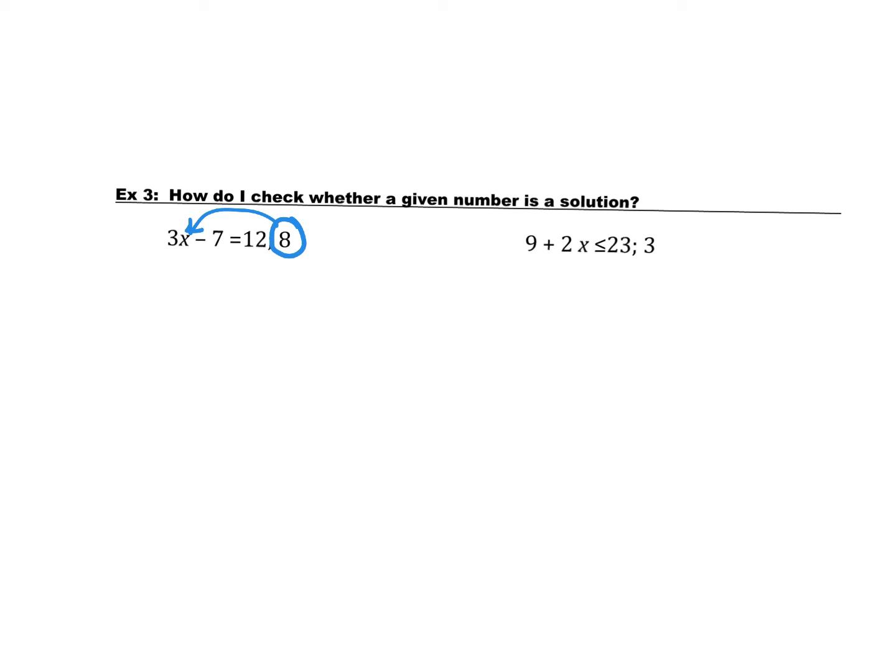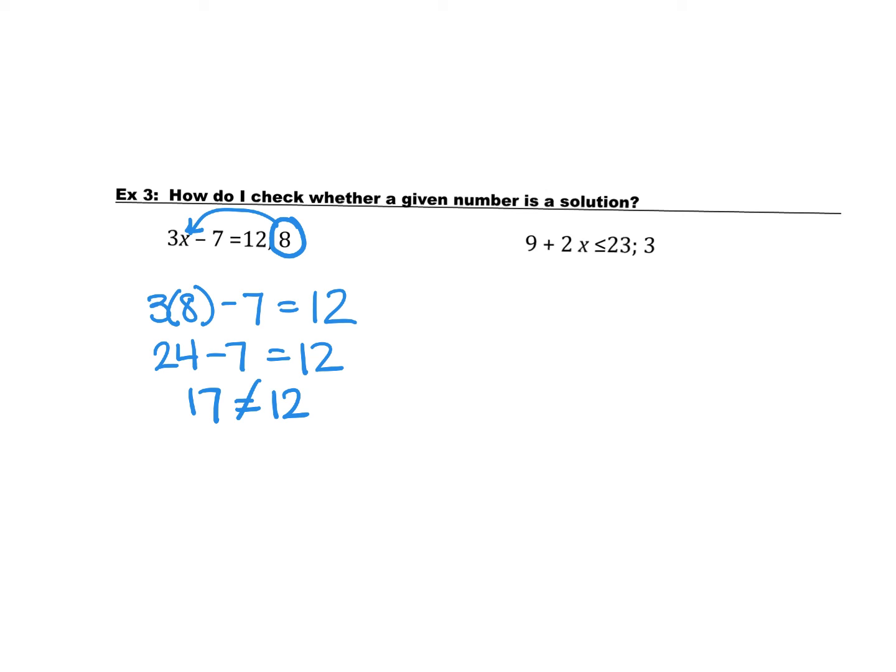So we're going to take 3 times, we're saying x is 8, minus 7, and is that equal to 12? All right, so 3 times 8 we know is 24. And then 24 minus 7 is equal to 17. So because 17 is not equal to 12, we're going to say, no, this is not a solution.